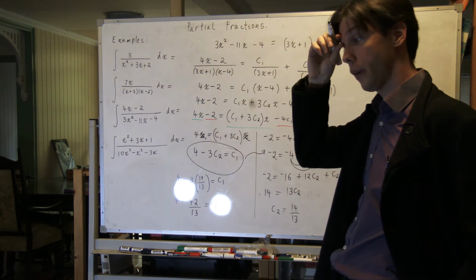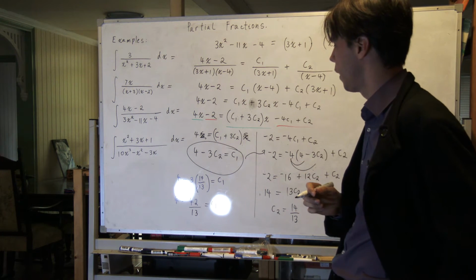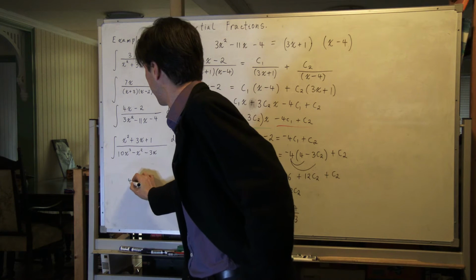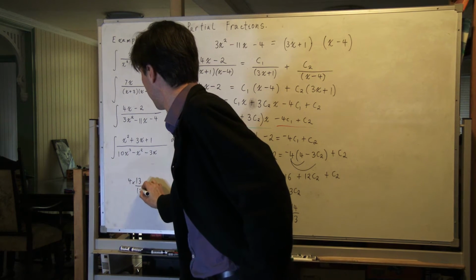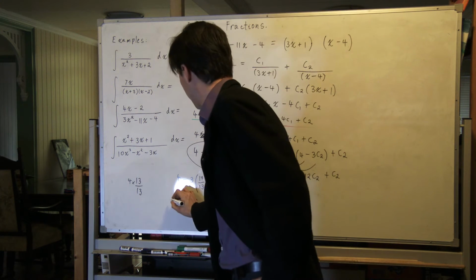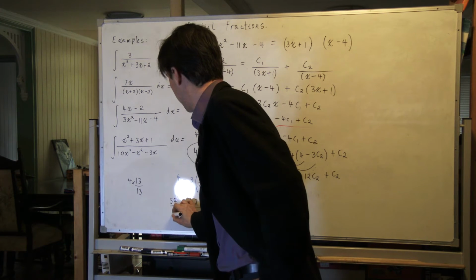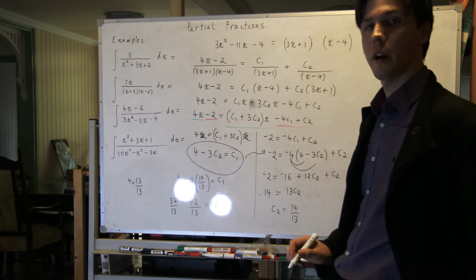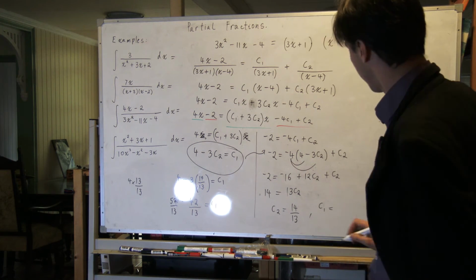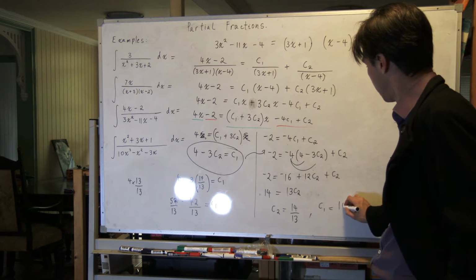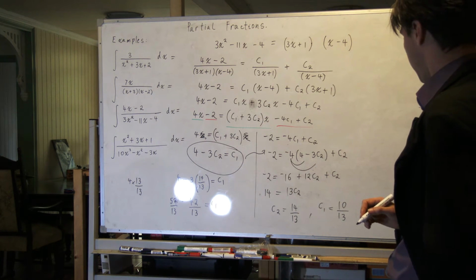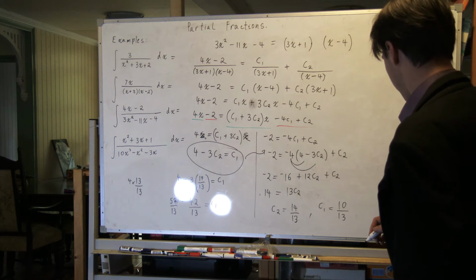If 1 can be expressed as 13 over 13, then 4 can be expressed as 4 times 13 over 13. 4 times 13 is 52. So 52 minus 42 is 10. So C1 is 10 over 13. And that's a bit messy, but it's okay.